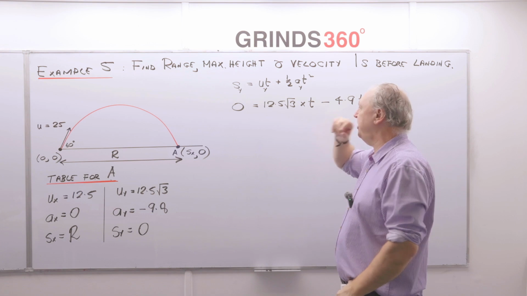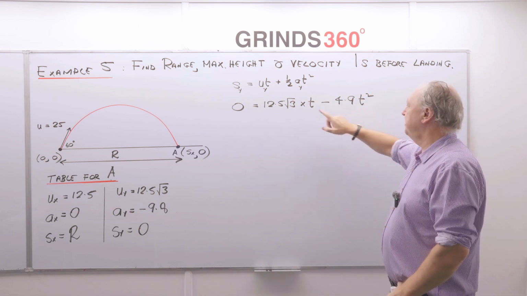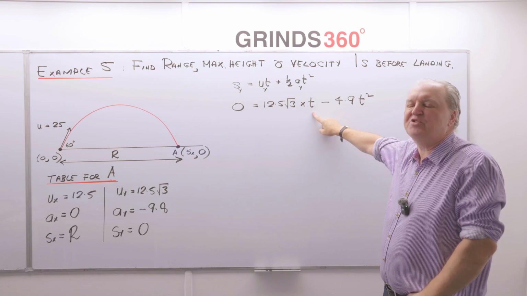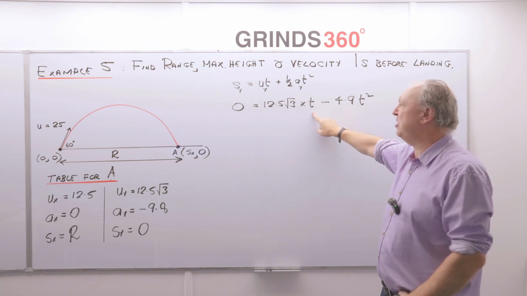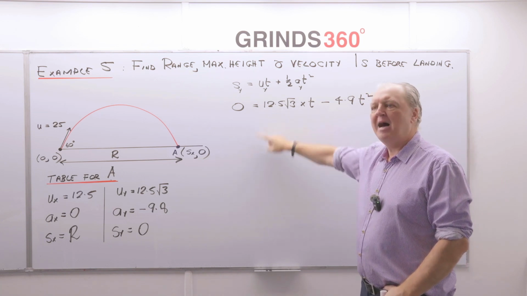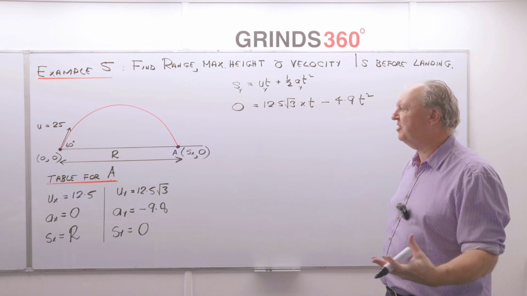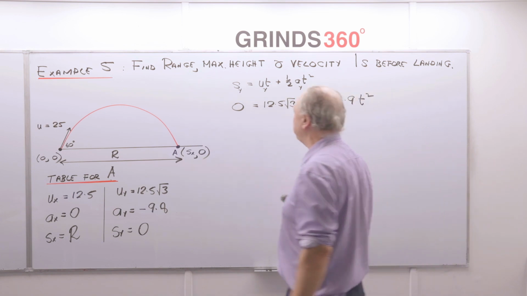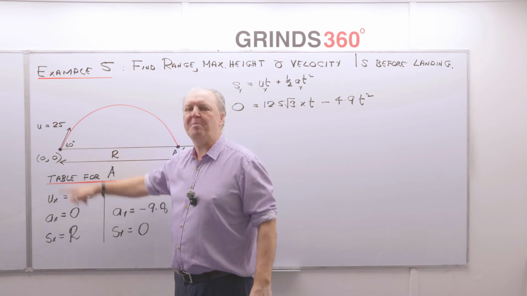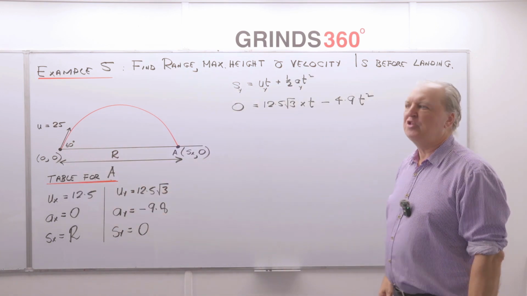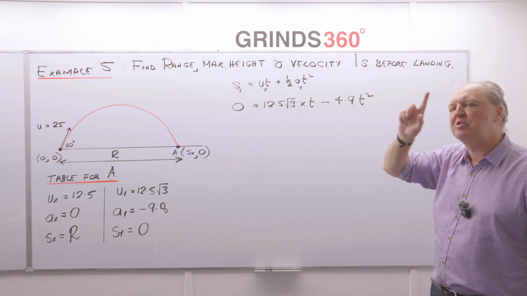There's no constant here. I could divide across by t. It's always dangerous to divide across by variables. Or I could take the t out in common. And one of the answers will be t is equal to 0. t equal to 0 makes sense. In other words, after 0 seconds, it was at a height of 0 meters above the ground. But that's what I would call a trivial answer. So if you want, divide across by t, as long as you know what you're doing.